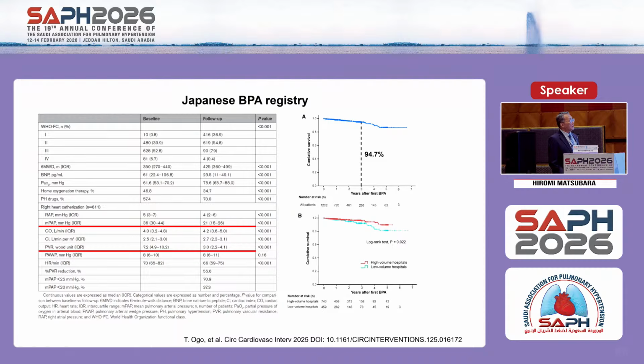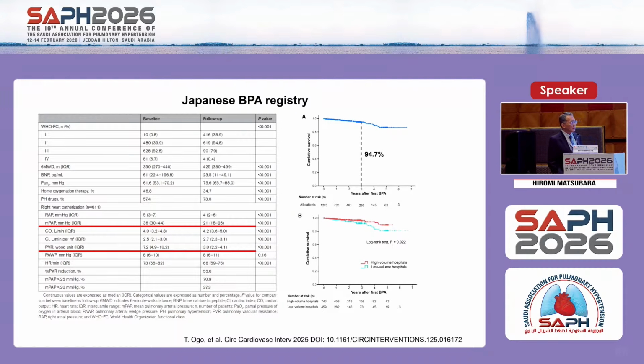So the 3-year survival of 94.7% is good and almost similar to that of PEA, the surgical experience, but still a bit shorter compared to the survival data of PEA, surgical treatment.